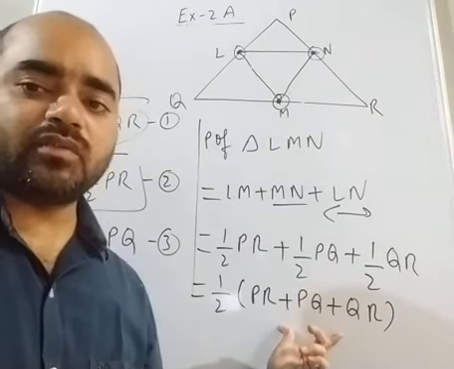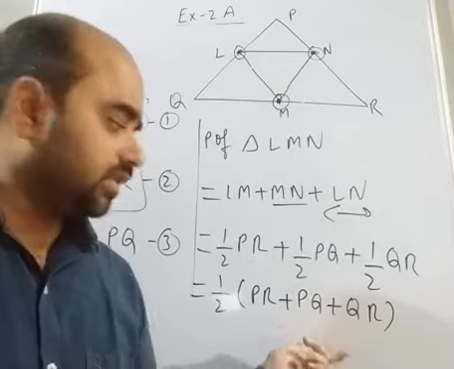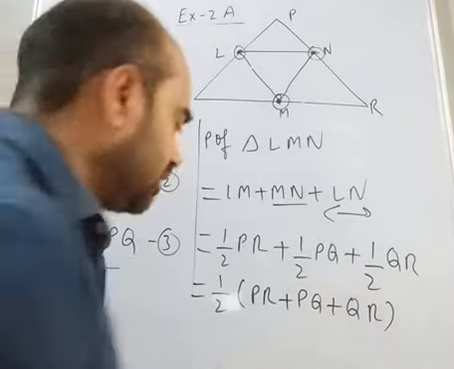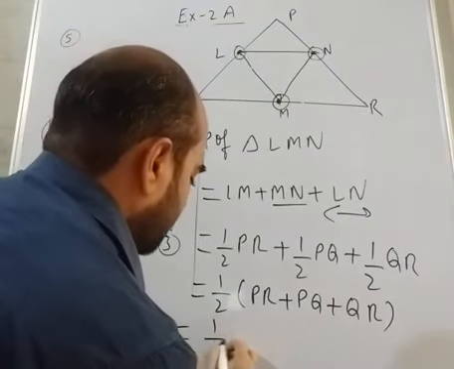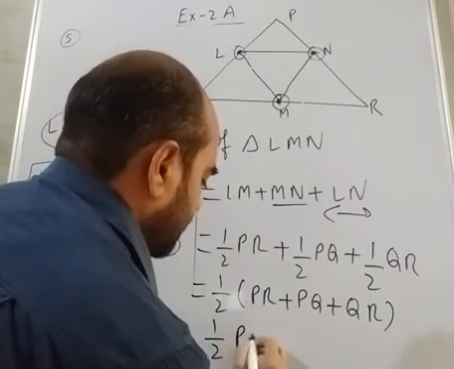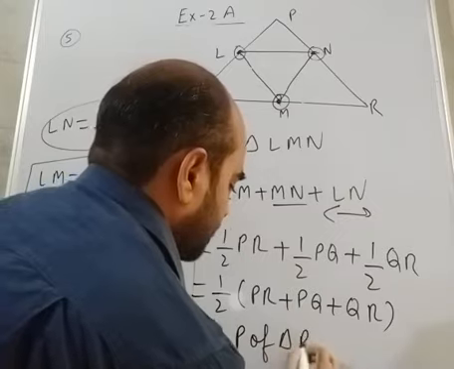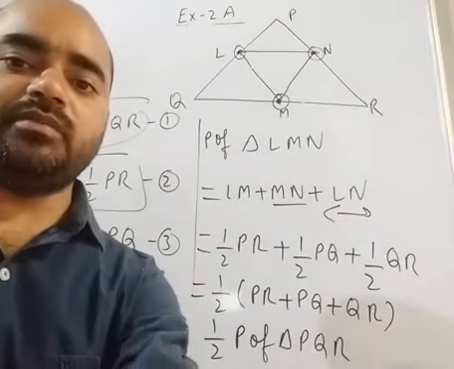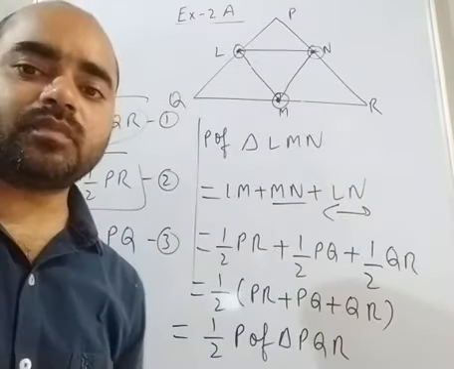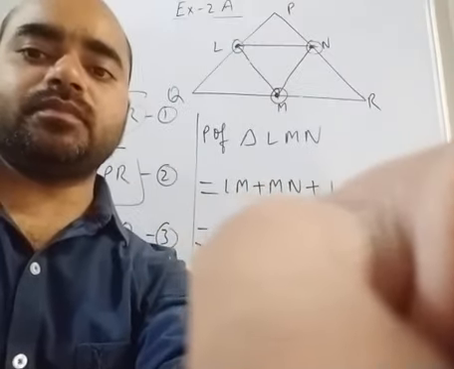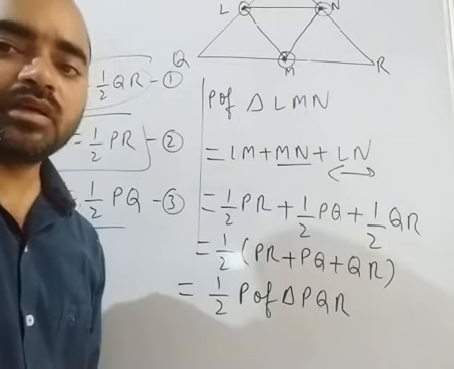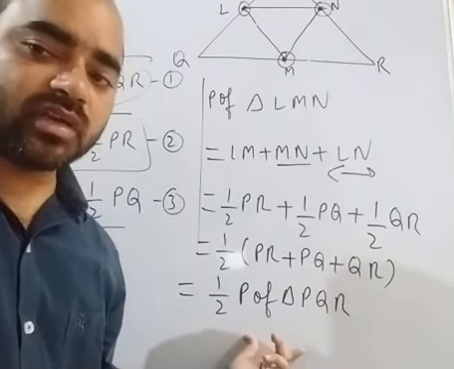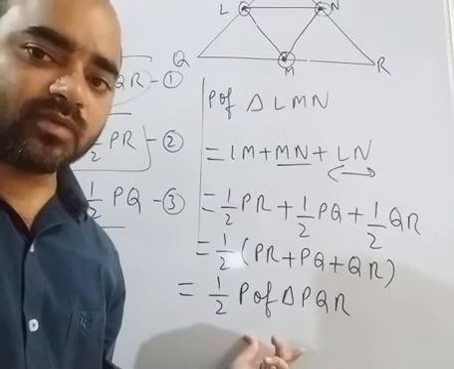The sum of the sides of triangle PQR is the perimeter of triangle PQR. It means this is nothing but half the perimeter of triangle PQR. Why? Perimeter means, for any triangle or any figure, the sum of all the sides.